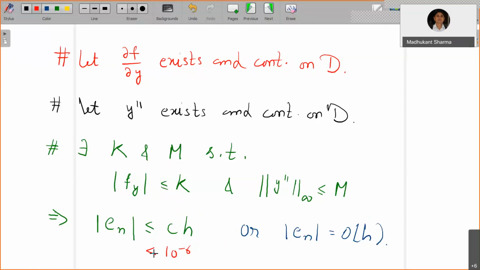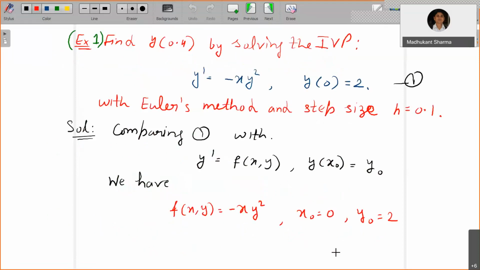Let's take one example. Find the approximate value of y at 0.4 by solving the following initial value problem, using Euler's method with step size h = 0.1.